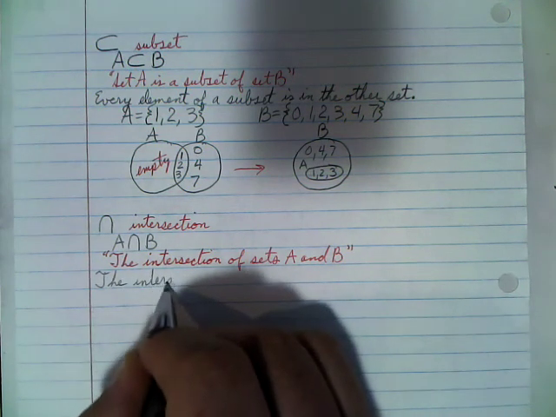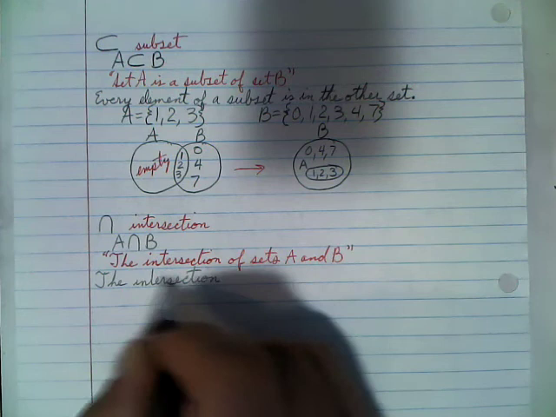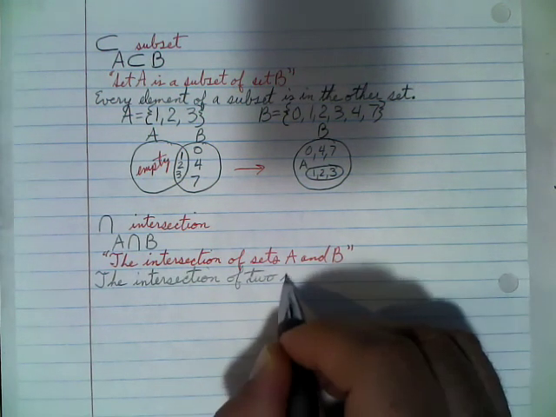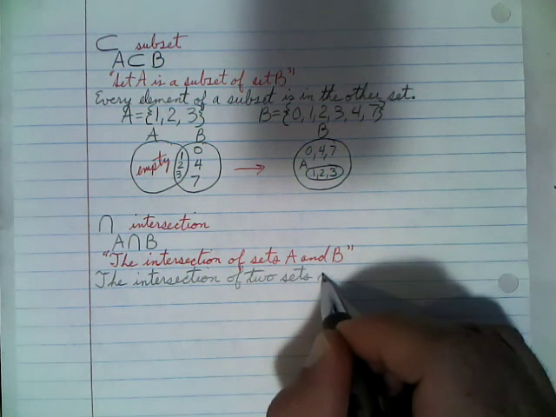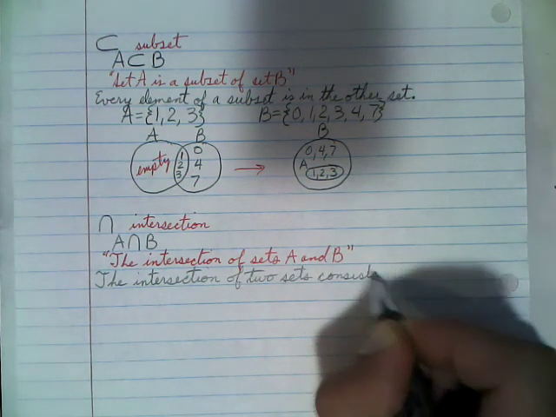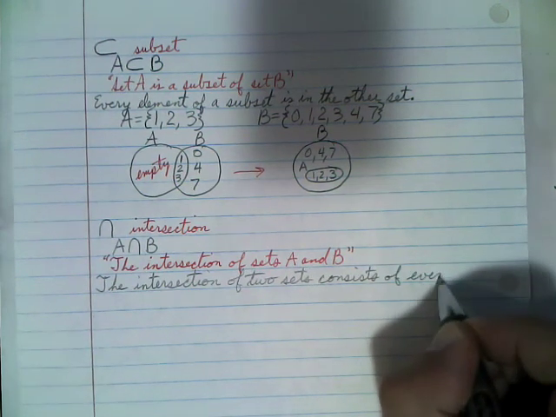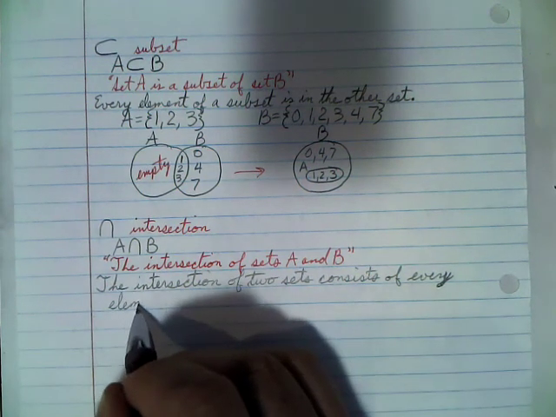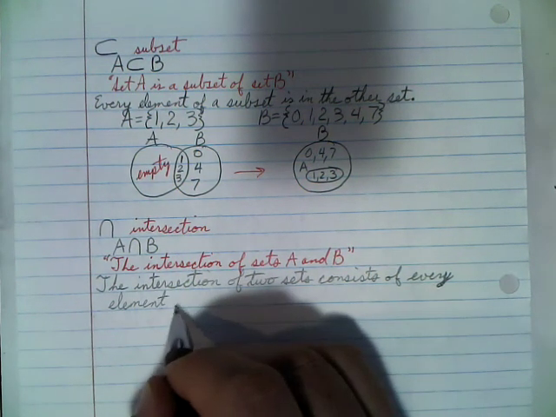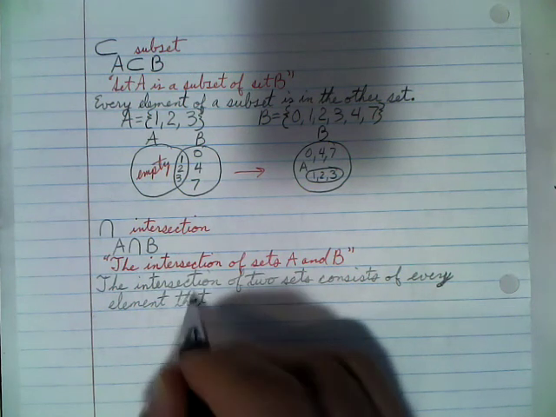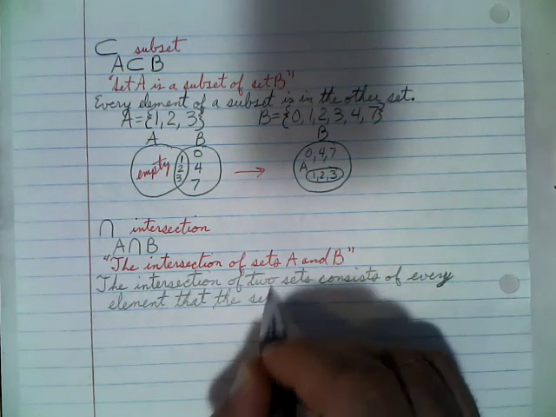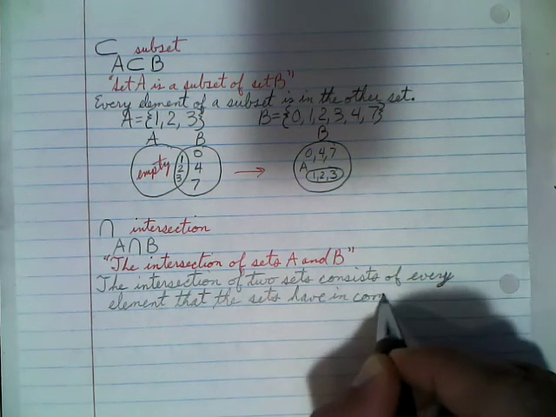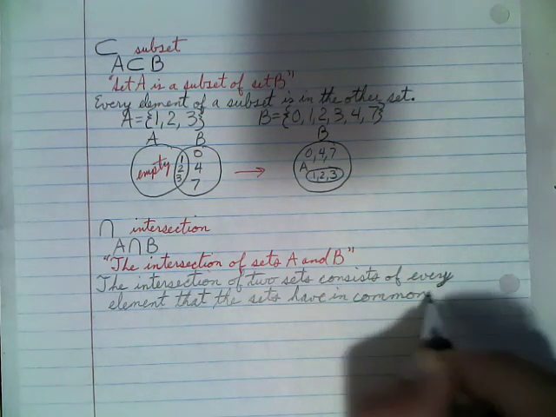So the intersection of two sets consists of every element that the sets have in common.